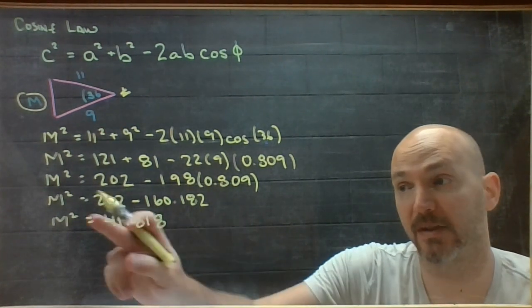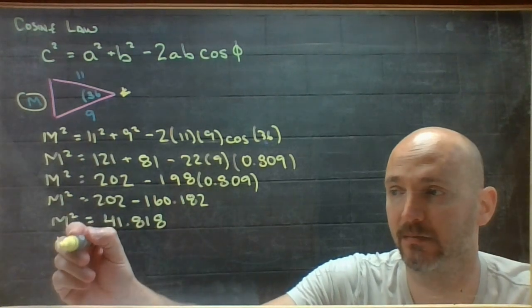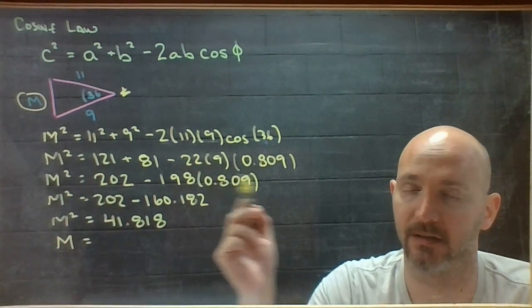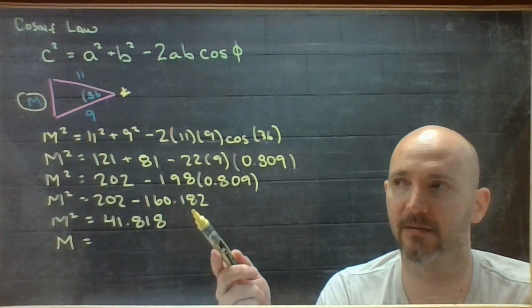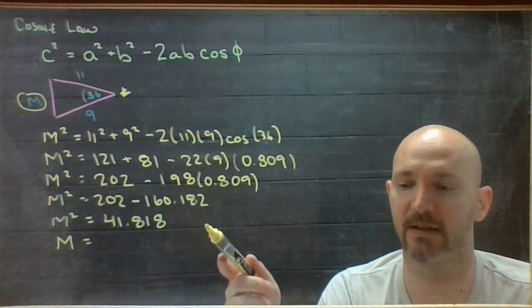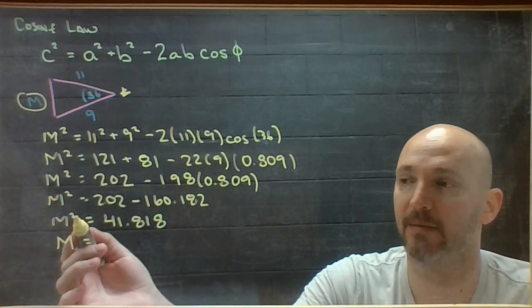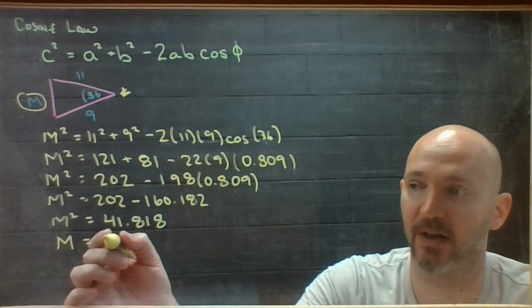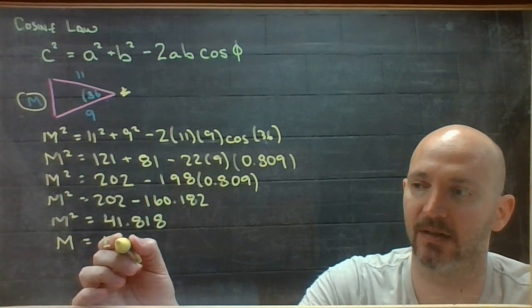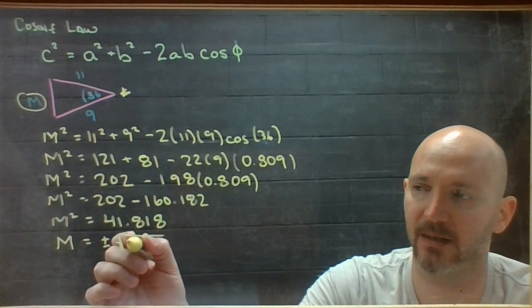Last thing to do, I just need to break that square. Now, I'm going to write this in to be technically correct, and then we'll discuss. Anytime you use a square root to break a square, you need to consider both the plus and the minus options.